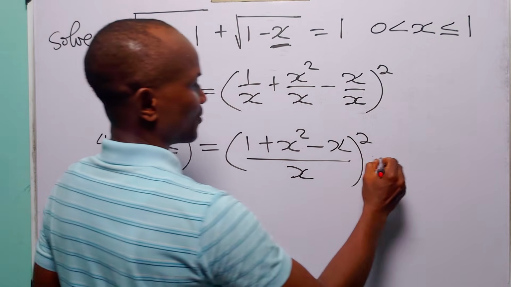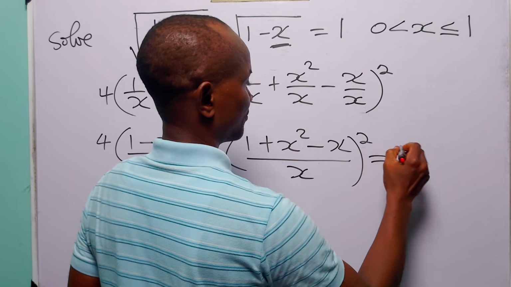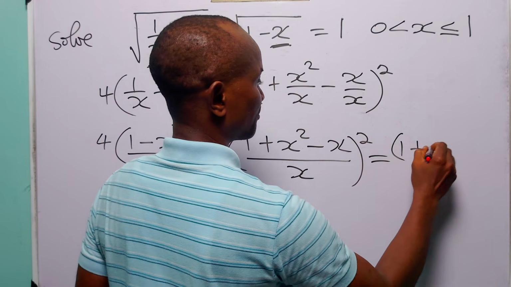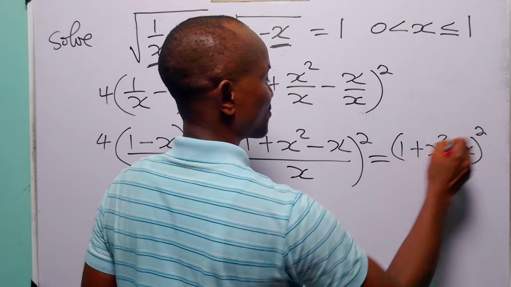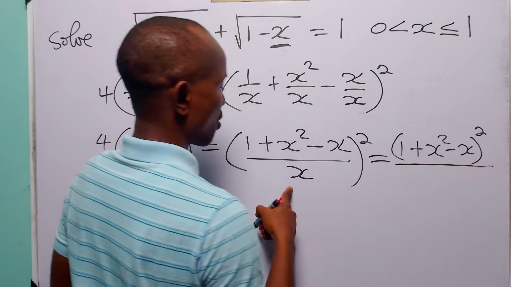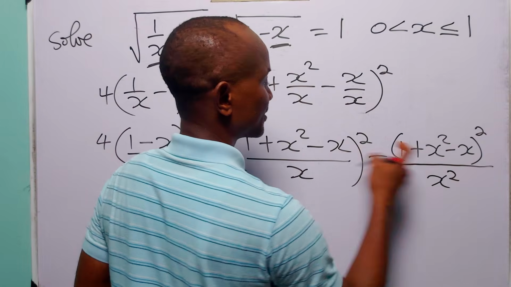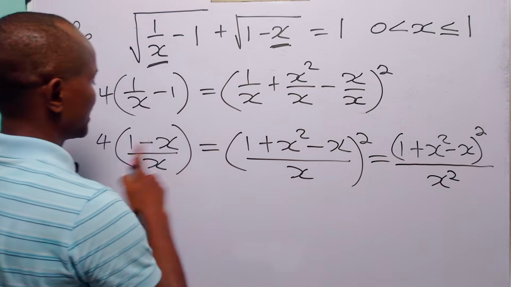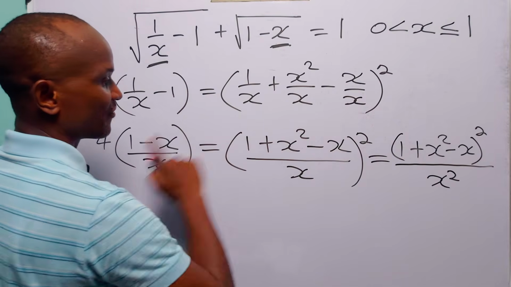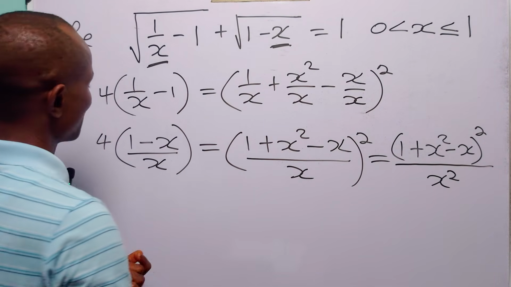And of course, you know that we can write this as 1 plus x squared minus x squared all over x squared. Now, to get rid of this fraction, let us multiply both sides of this equation by x squared.